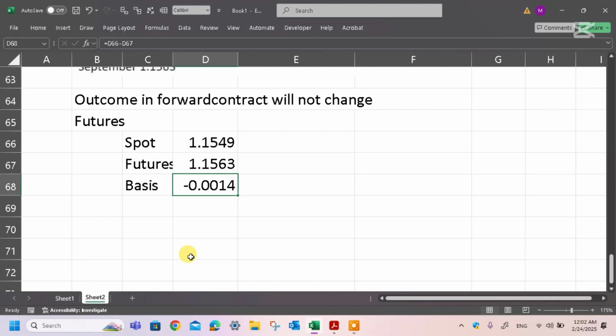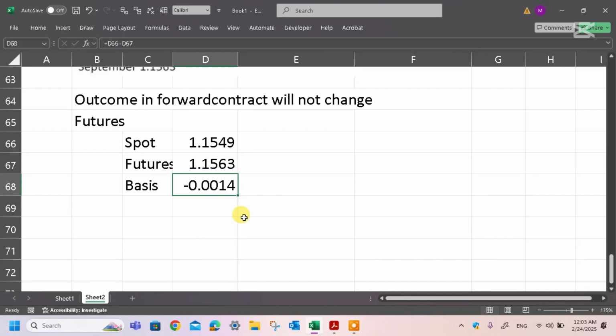This is what we mean by basis risk. You assumed the basis is going to reduce linearly and the basis will become 0 on the expiry date. But that assumption is challenged now. If that assumption were valid, the basis should have been 18, but now we have 14. The basis is 4 less, right?